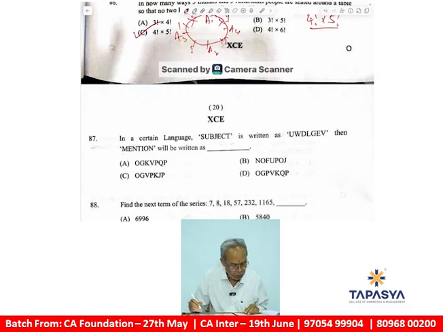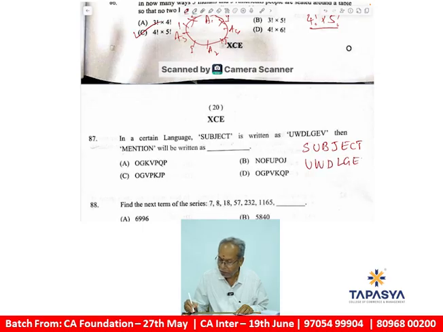So if you observe this, each letter is incremented by plus 2. Similarly for MENTION, if you increment by plus 2, you will get the answer OGPV2.